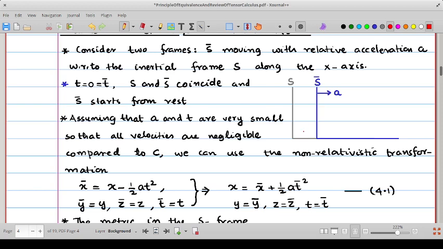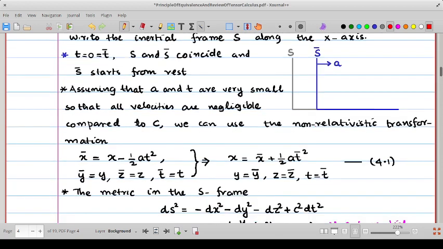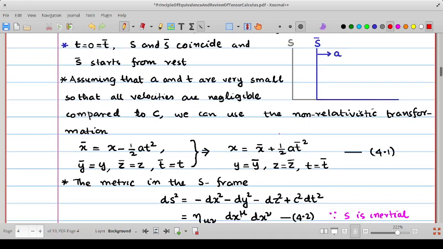Now, assuming that a is very small and t is also very small, so that the velocity of S dash is very small compared to c, then we can use the approximation of the relativistic transformation equation, the Lorentz transformation, which is the same as the non-relativistic transformation.